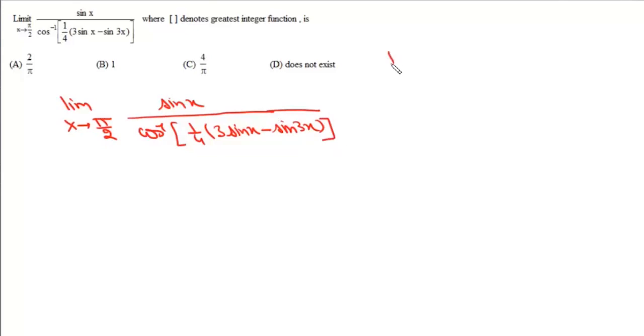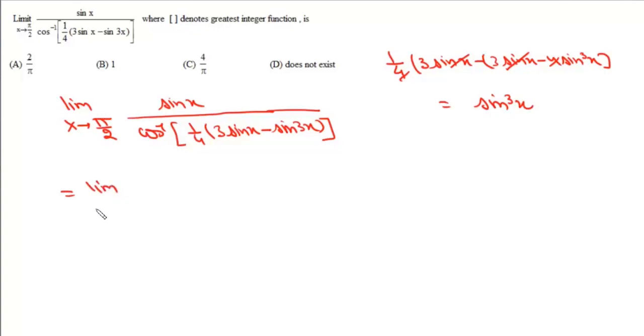Now if we look at this 1 by 4 (3 sin x minus sin 3x), now sin 3x is 3 sin x minus 4 sin cube x. Now this 3 sin x will cancel, this 4 will also cancel, so this value will be simply sin cube x.